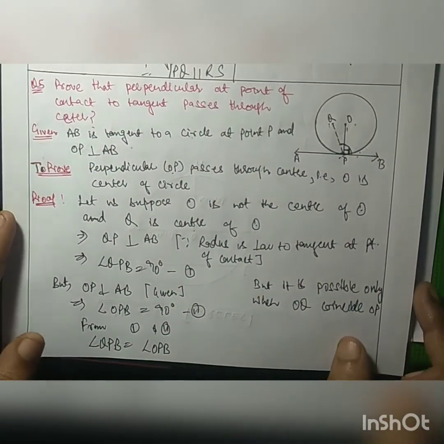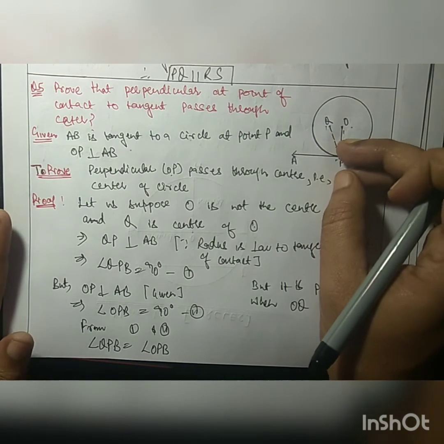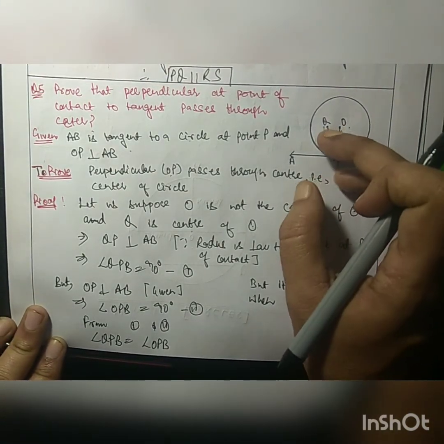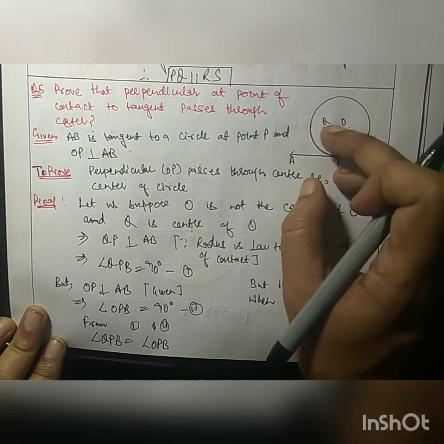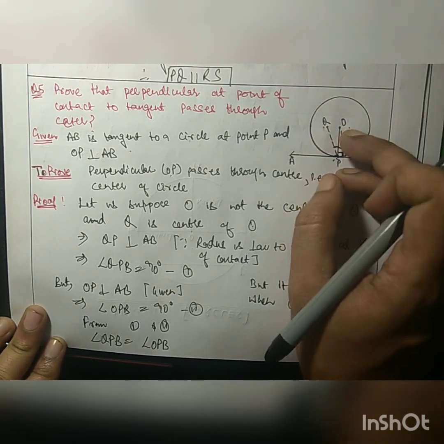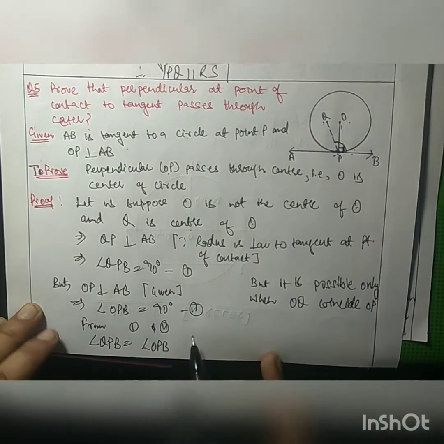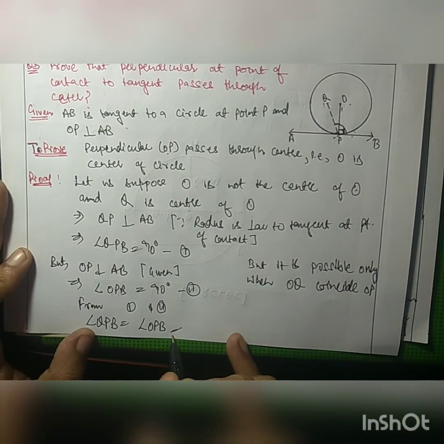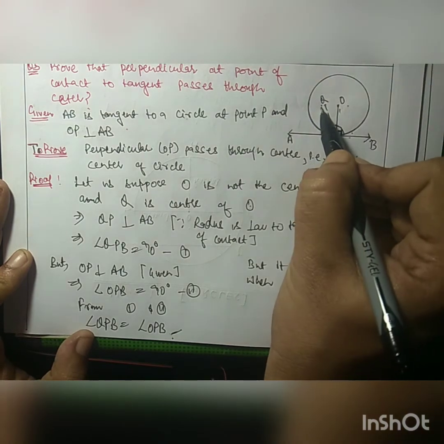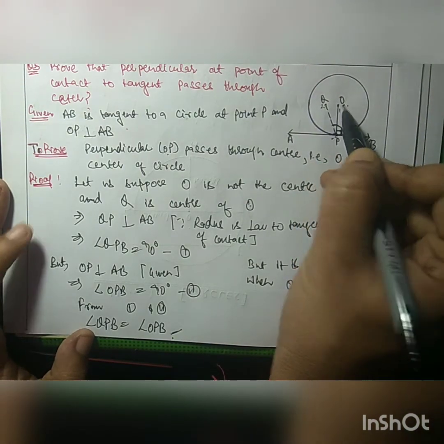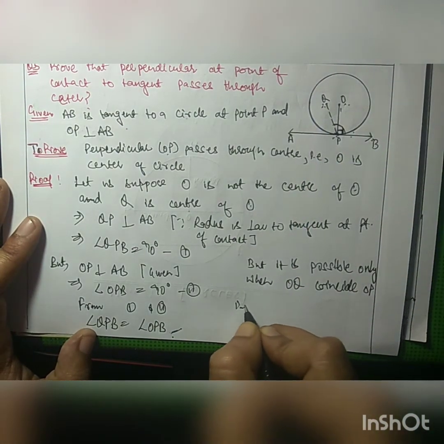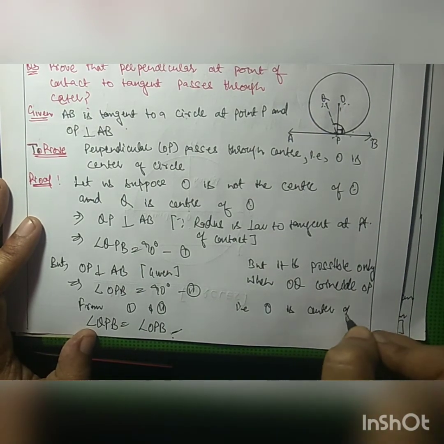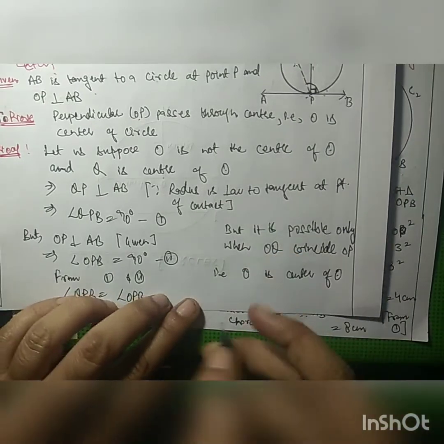And we have considered that O is not the center and Q is the center, that is if Q coincides with O, then automatically O becomes the center, because we have taken Q as the center. And from this we have obtained a conclusion which is not correct, and it would be correct only if this center coincides with the given point O, that is O is the center of the circle.